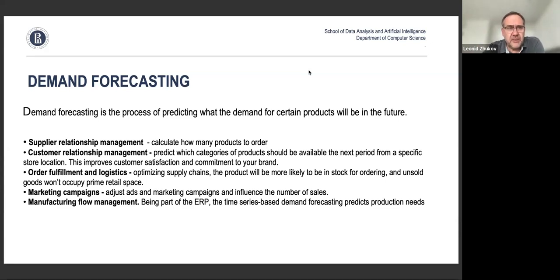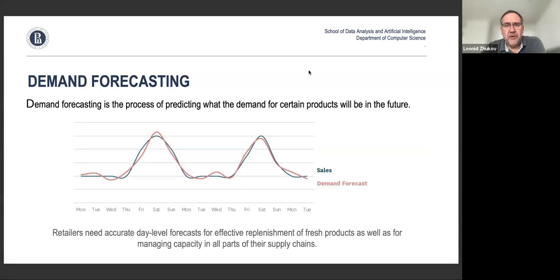As we just talked about, demand forecasting is also needed across multiple parts of the supply chain, from customer relationship management to logistics to marketing to manufacturing of the goods. Now notice here we have two different curves. One of them shows the sales and one of them shows the demand forecast, and they're not always the same.